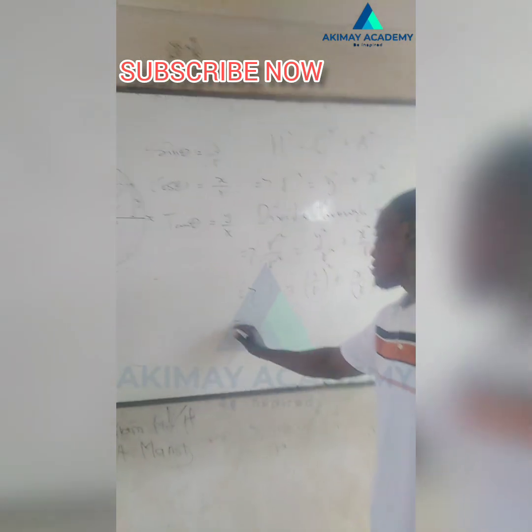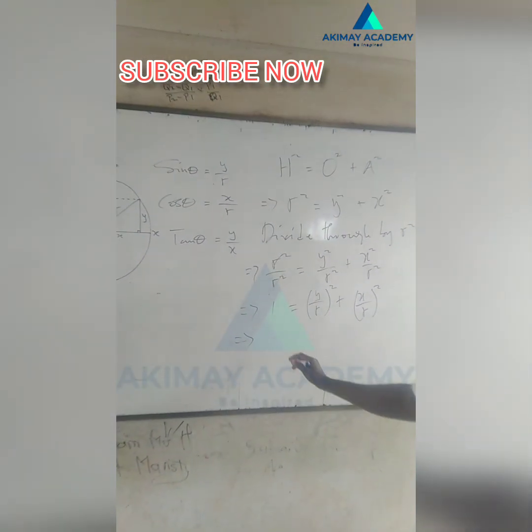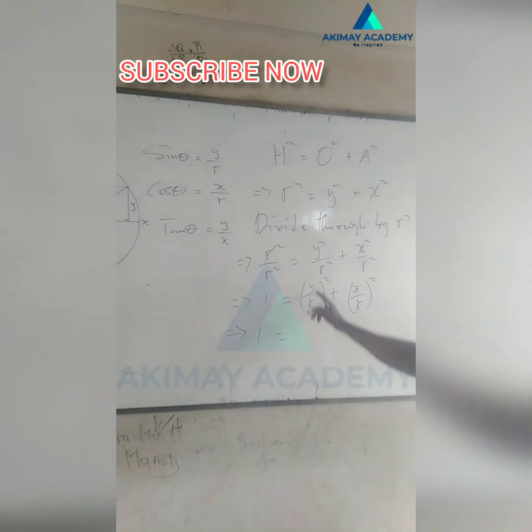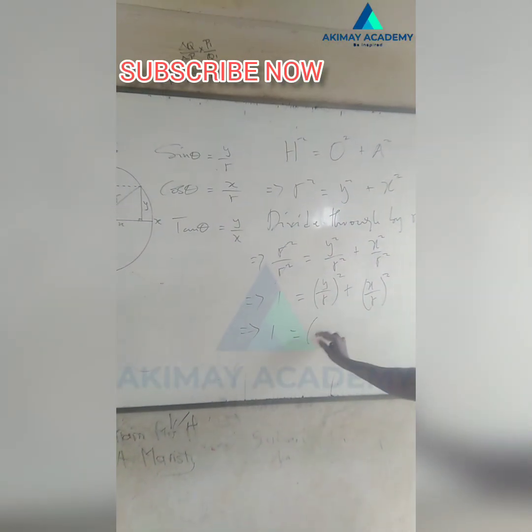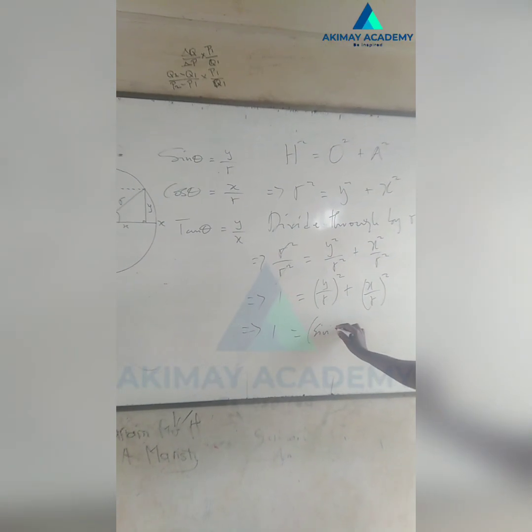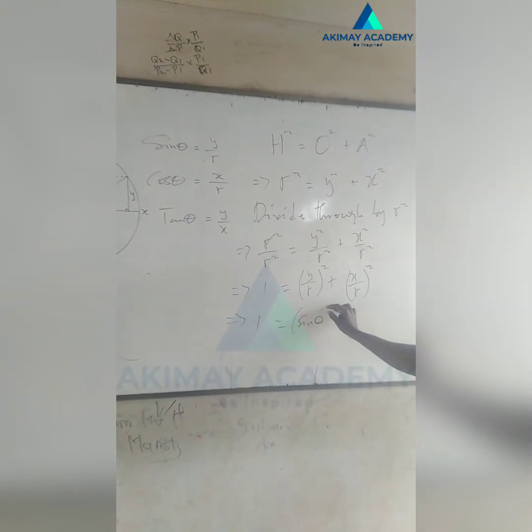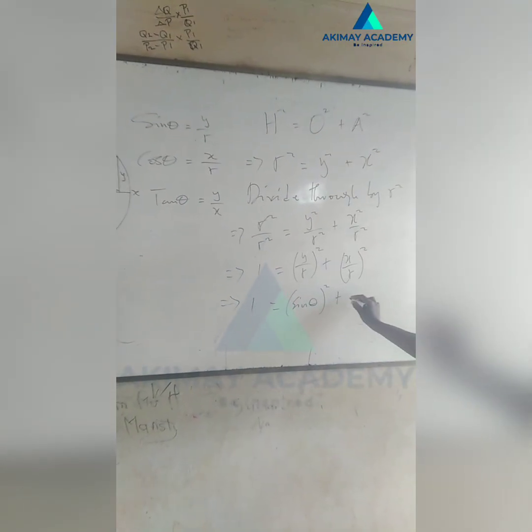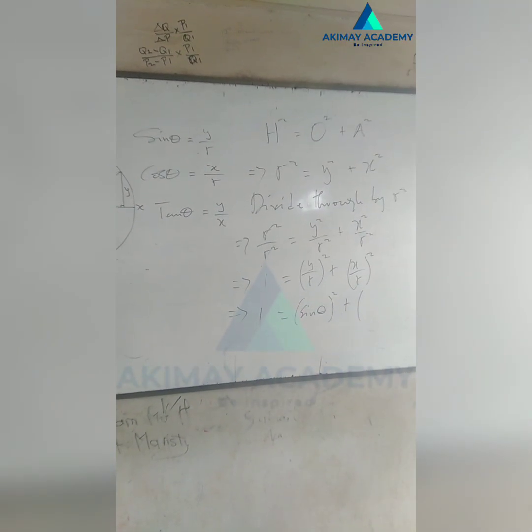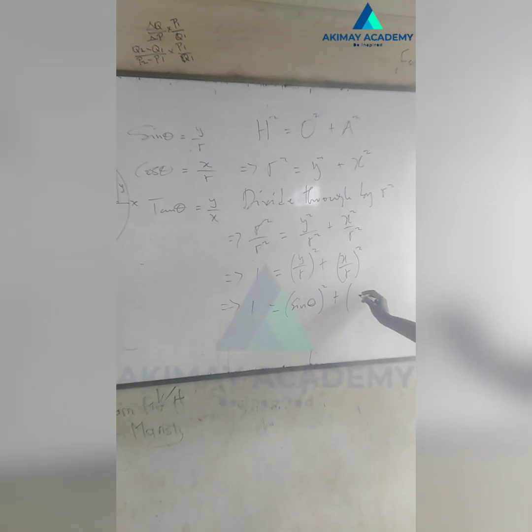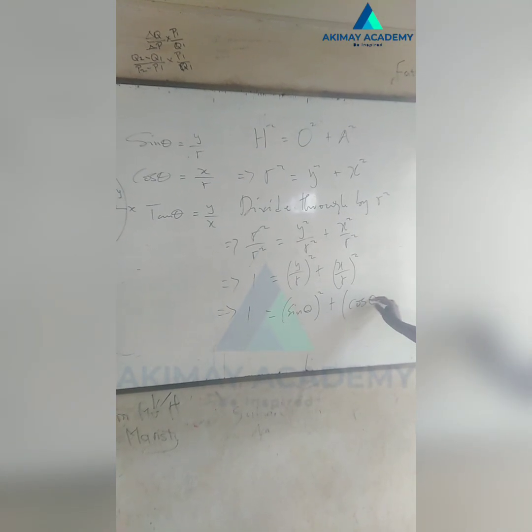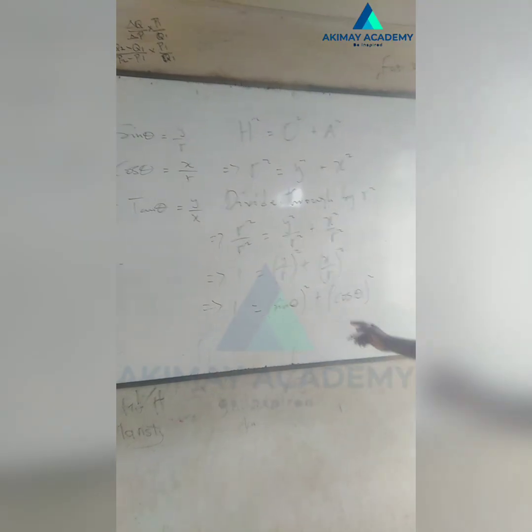So let's substitute each of them inside. So 1 equals, y out of r is representing sine theta, so we have sine theta all squared. Then x out of r is representing cos theta, so we have cos theta all squared.